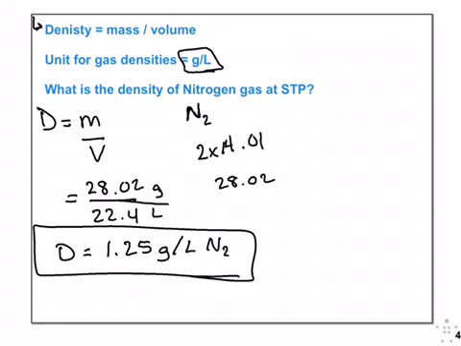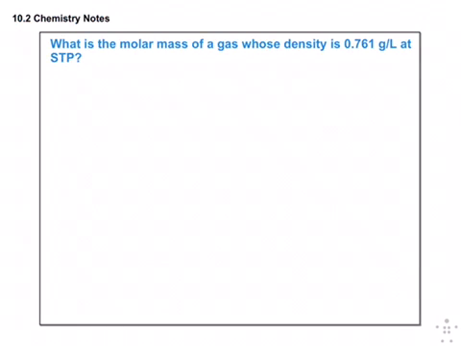All right, so why don't you give this one a whirl on your own. What is the molar mass of a gas whose density is 0.761 grams over liters at STP? What did you guys get, first of all?